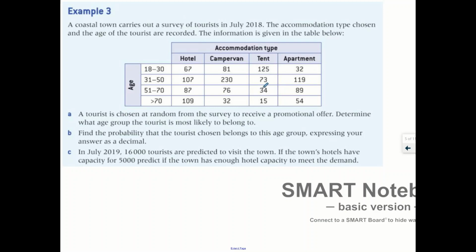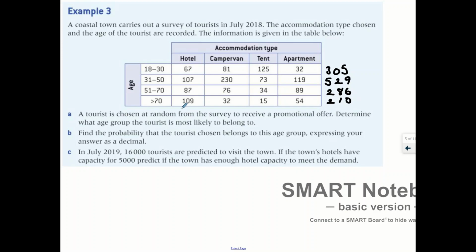it's a good idea to add in the totals for each of these. So we're going to add up the totals. So there were 305, 529, 286, and 210.